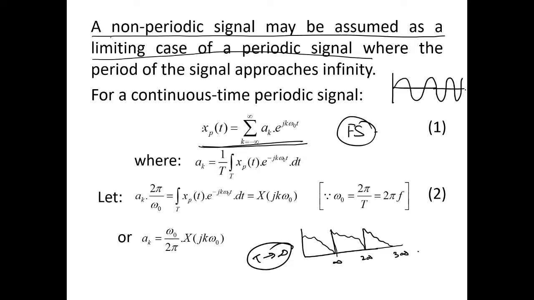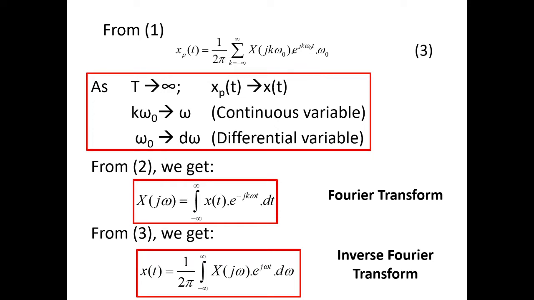That's why, if you see herein, we have started the derivation using the Fourier series component itself. As we do some derivation, we come to this point where we have the forward transform, which is basically the Fourier transform, and we also have the inverse Fourier transform.